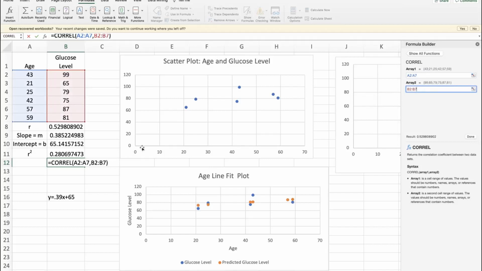So you notice, you can write here, class. You can also write here. It doesn't matter. You can write it here, or you can write it here, or you can drag it here, and then it will reflect there. Okay, it doesn't really matter. So then done. Actually, here you can see the answer already right here. The same 0.52. But if you click done, it will be reflected here. So same answer. Okay, so that's how you do for the R.